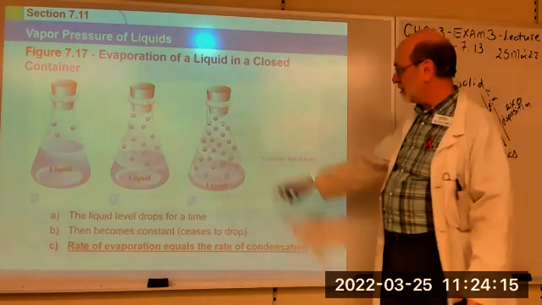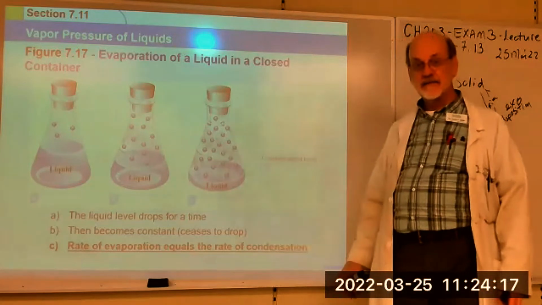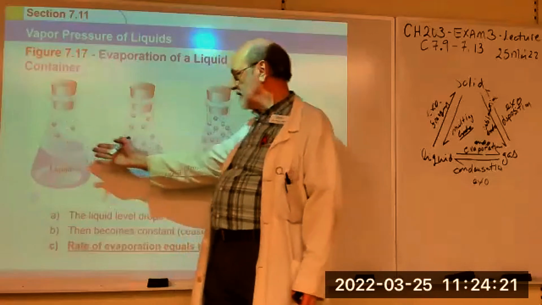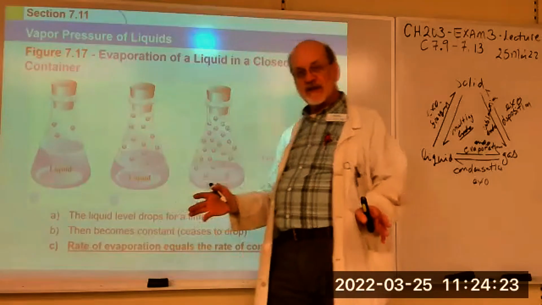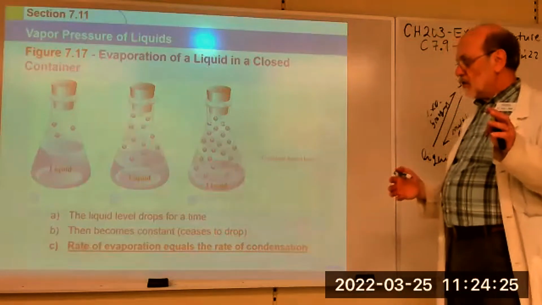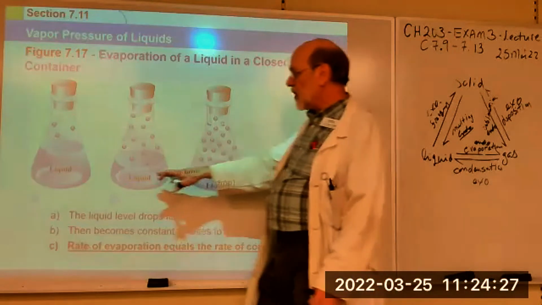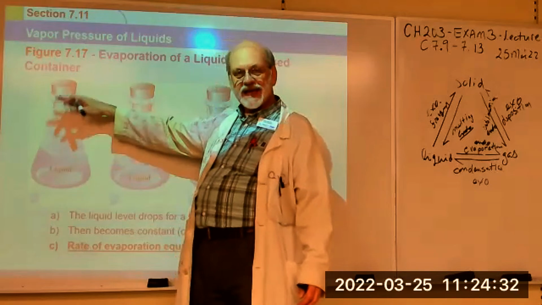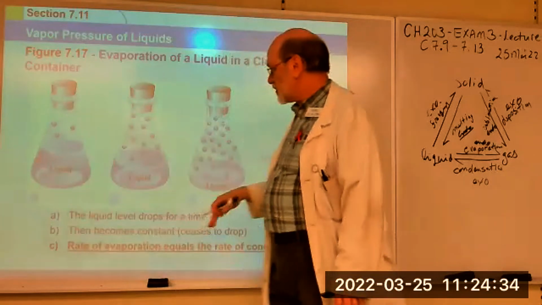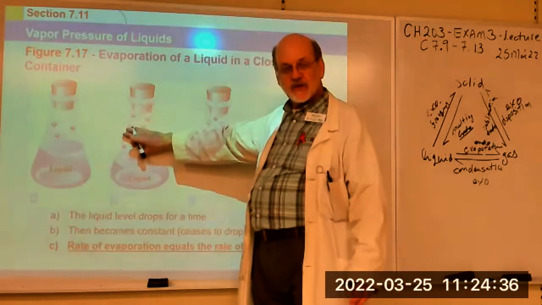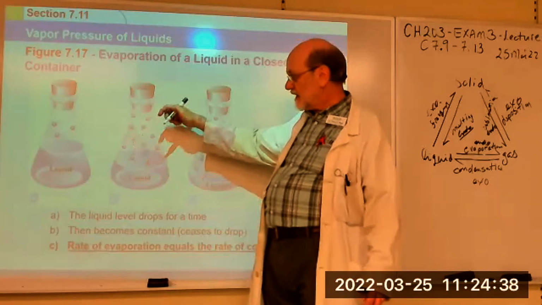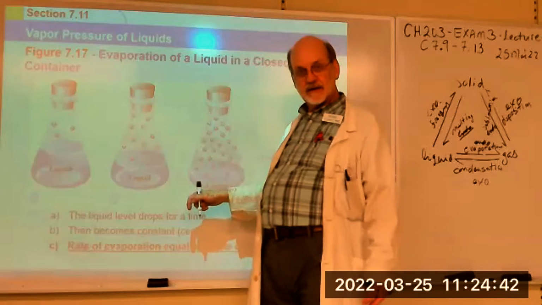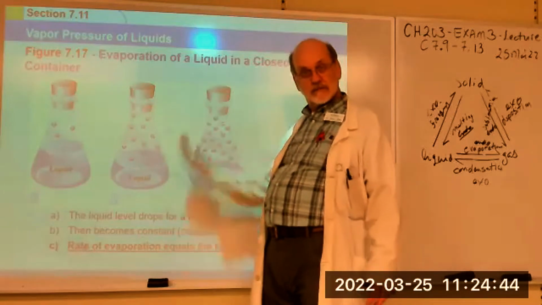But if we cork it, if we seal it, then as it starts to evaporate, initially you have no gas up here from the liquid. You start building up gas. Once you start building up gas molecules here, then they have the opportunity to return to the liquid phase again. They go in both ways, right?